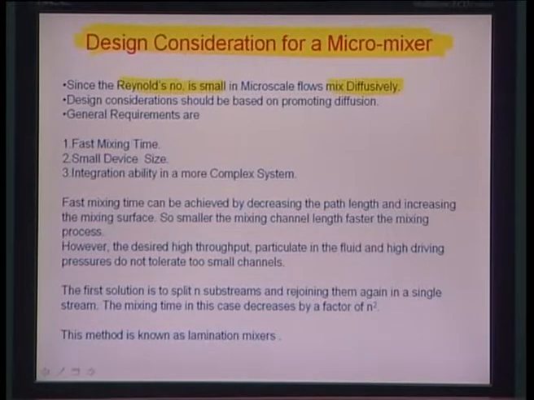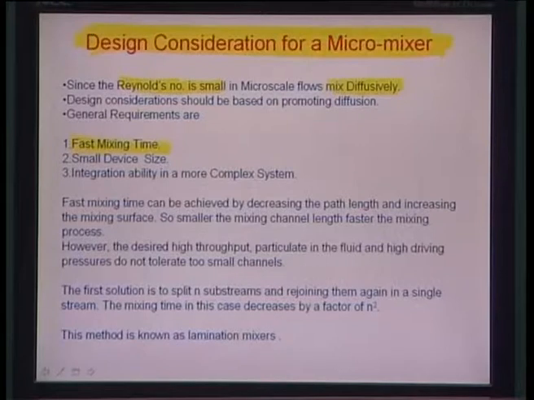So design considerations should be definitely based on somehow being able to promote a diffusion between the two layers, and essentially which means faster mixing time, okay, general requirements, small device size, and also you should have kind of integration ability particularly in complex systems with the overall setup, okay.